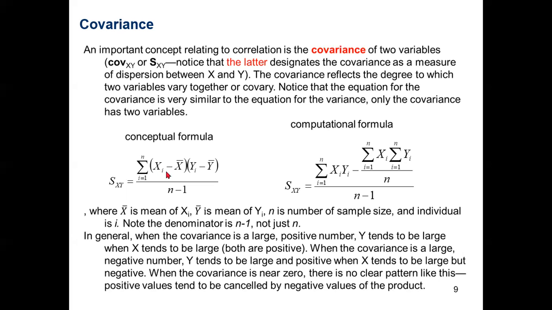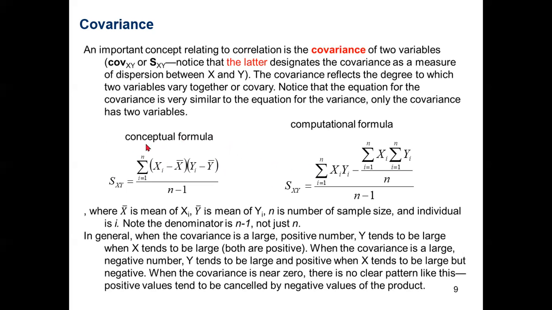So you have x1 minus x bar times y1 minus y bar, plus, because this capital Greek letter stands for sum, parenthesis x2 minus x bar times y2 minus y bar, plus and so on until x300 minus x bar times y300 minus y bar.